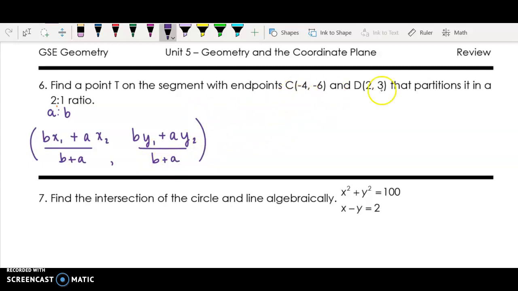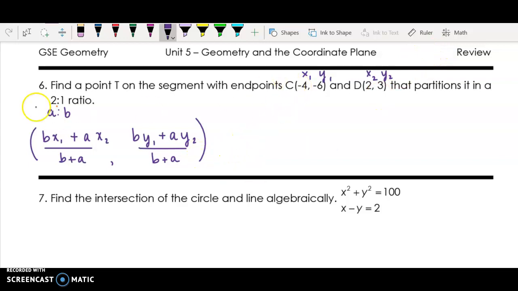So we do want to make sure that we put the ordered pairs in the correct order. Normally it'll say a line segment from C to D or from D to C. So you need to make sure that you note which is the first point and which is the second. In this case, it doesn't specifically tell us, and so we're going to use this as our first ordered pair and this as our second ordered pair and substitute them in that order.